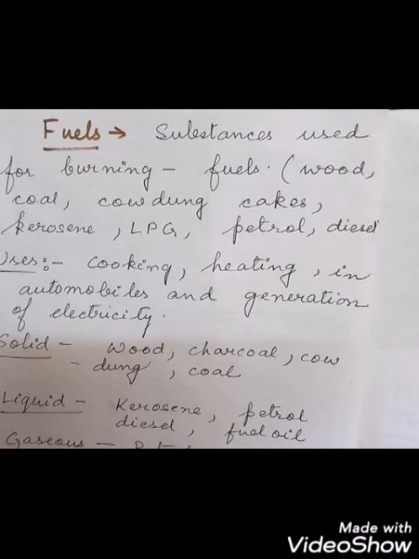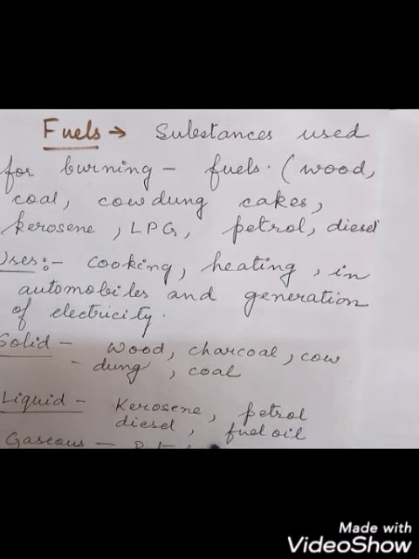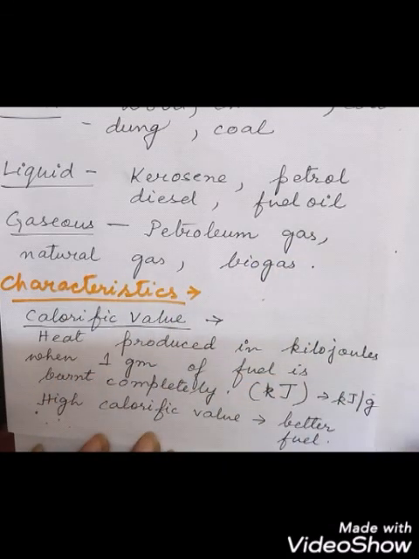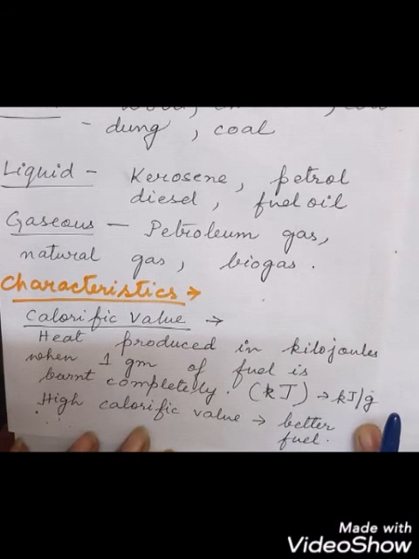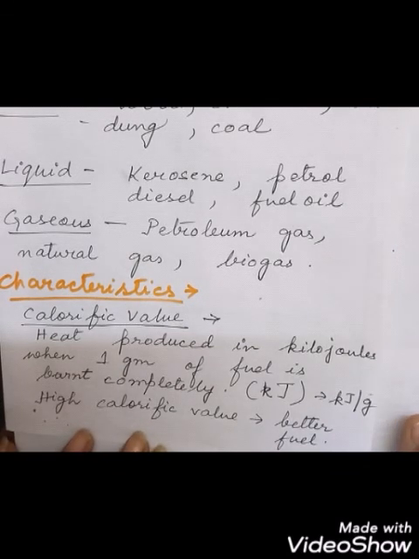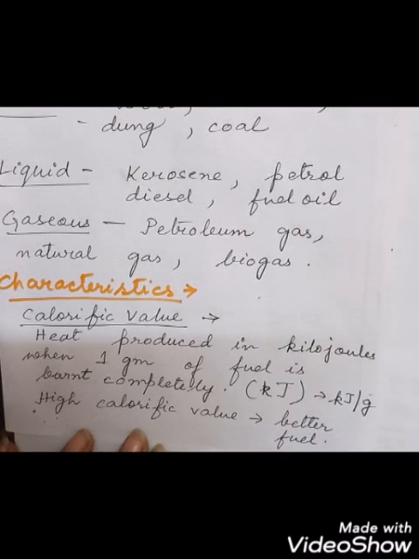There are three types of fuels: solid, like wood, charcoal, cow dung cake, coal; liquid, like kerosene, petrol, diesel, fuel oil; and gaseous, like petroleum gas, natural gas, biogas. These are all gaseous types of fuel. So this part is clear: fuels are substances that are used for burning.